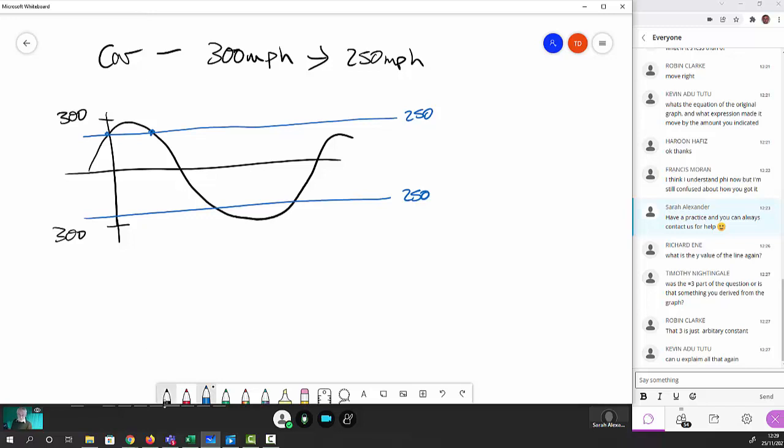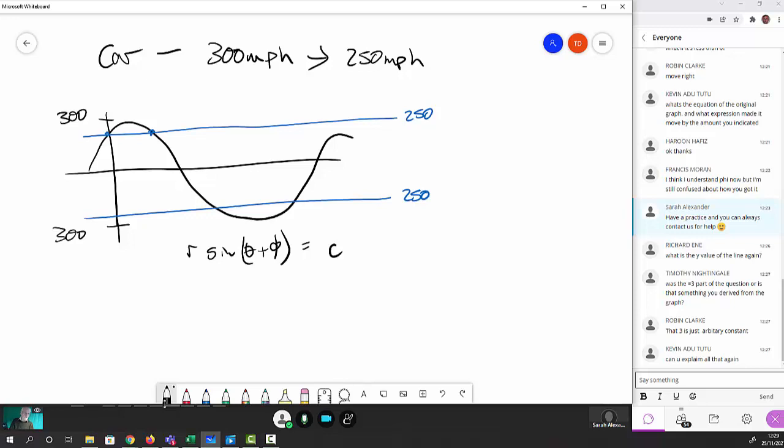Okay, so what we're saying is that r sin(theta + phi) is equal to some limit, which I'm just going to call C now. So it's some limit that is set by the conditions. So in this case I'm saying 250 miles an hour.